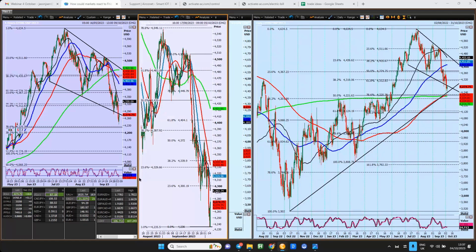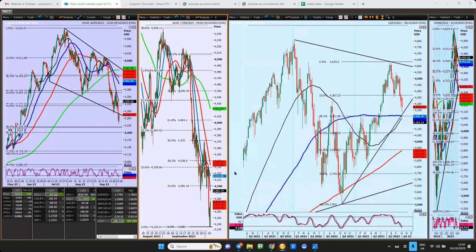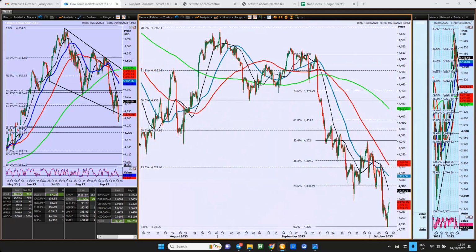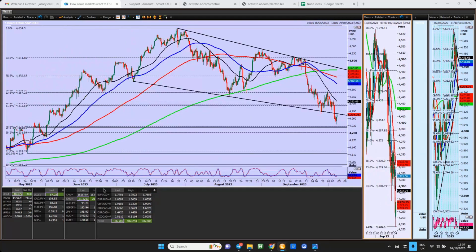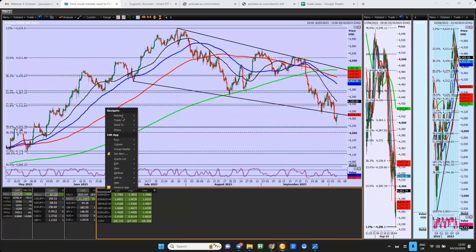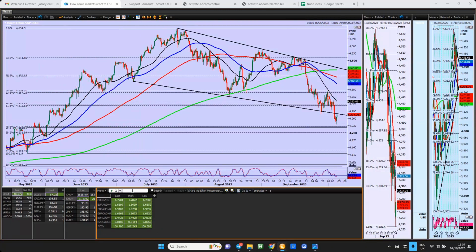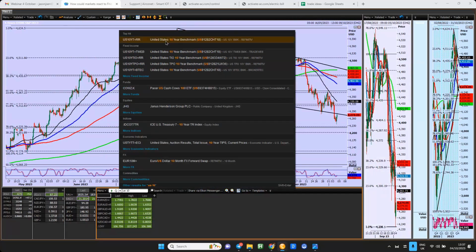Yeah, I will do that happily, but I need to get them on my price. Do you want me to check the yields, or do you want me to check the price? Do you know what I mean? The price chart or the yield chart? Yields, okay. Toolbar. So US 10-year benchmark.